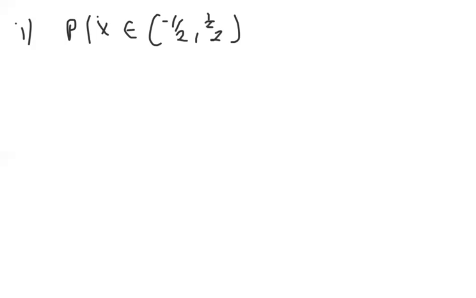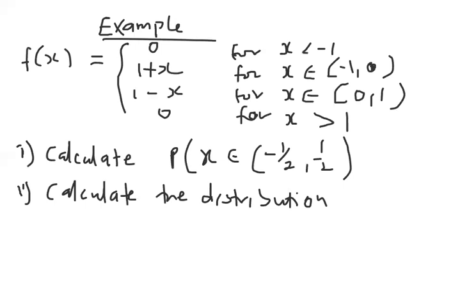Between -half and half means it's going to fall within two of these functions, because -half is in the range -1 up to 0, so it's in the second function, and the upper limit half is in the range 0 to 1, the third function. So the problem resides in these two functions.